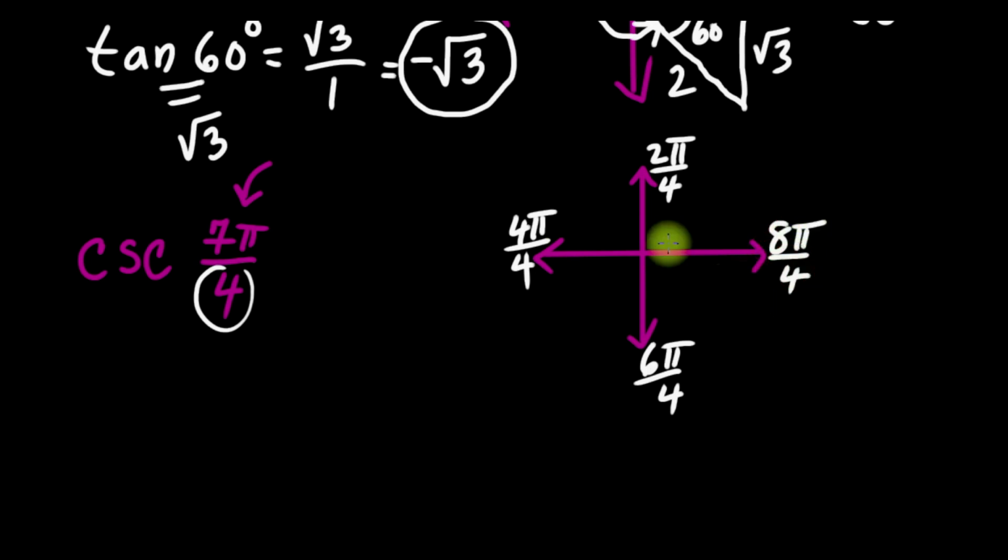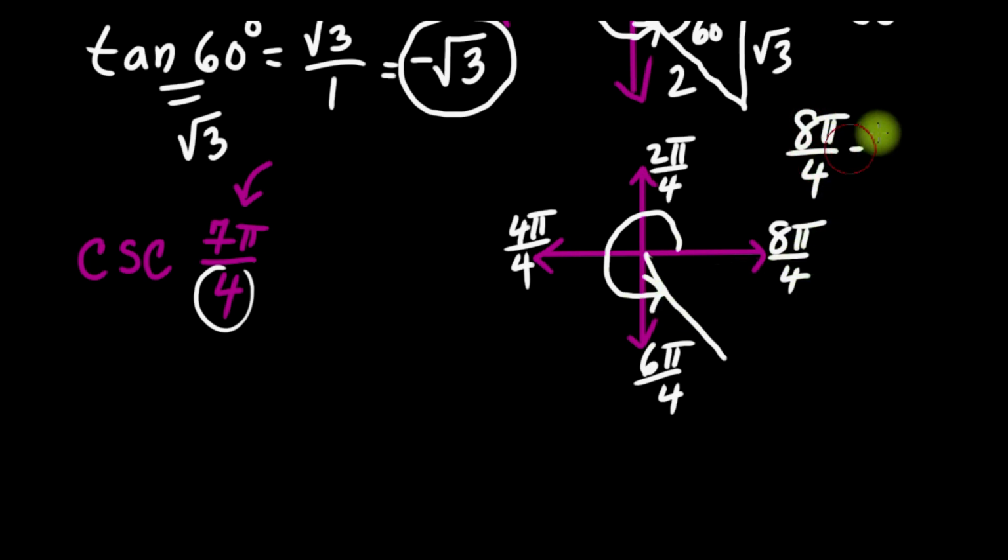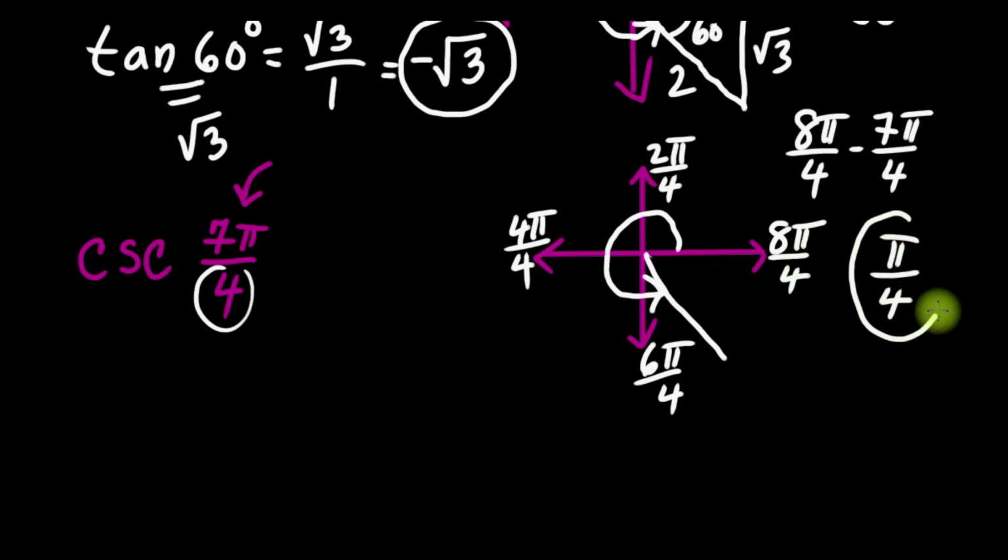So 7 pi over 4 is going to be in the fourth quadrant again. If you take 8 pi over 4 and take away 7 pi over 4, that gives you pi over 4. So the reference angle here is pi over 4, which is the same as 45 degrees.